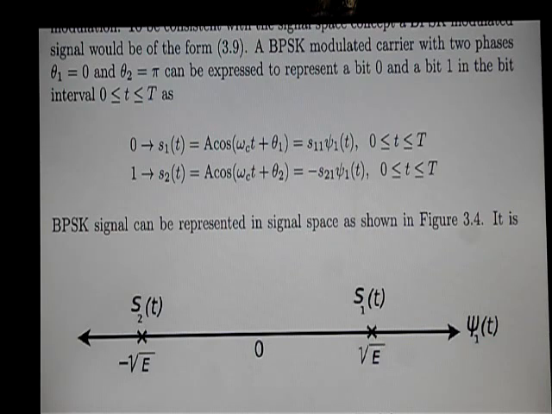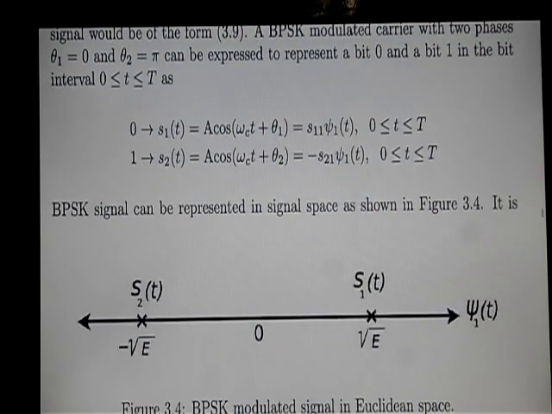That is why, if you change the phase of s1 of t by pi radians, you will get s2 of t. If you change the phase of s2 of t by pi radians, you will get s1 of t. So that is why the name binary phase shift keying is given.